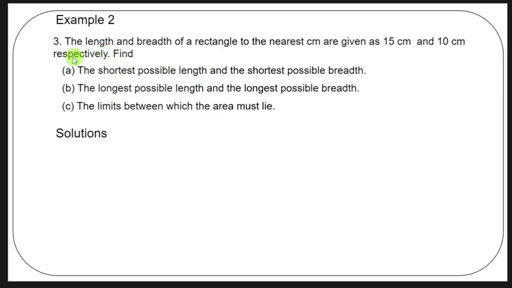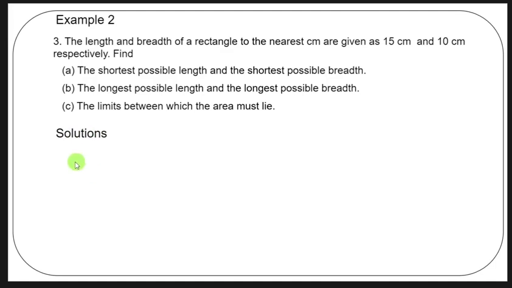So if they mention respectively like this, and they've told you that the length and the breadth of a rectangle to the nearest centimeter are given as 15 and 10 centimeters respectively, meaning 15 is for length and 10 centimeters is for the breadth. Then they're saying we find the shortest possible length and the shortest possible breadth. So now we'll get the length here and find the error there.